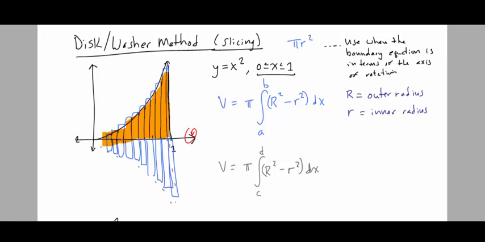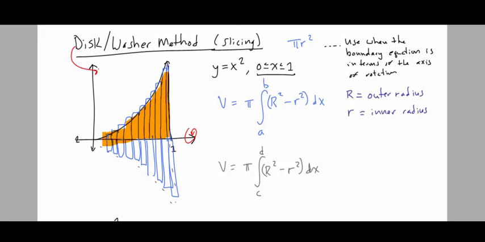Now notice also with the disk or the washer method, my axis of rotation I have marked here, and when you're doing your handwritten homework you should always mark your axis of rotation just to clarify with your graph. Notice I'm perpendicular to the axis of rotation. So that's another feature that you'll want to keep in mind when we're using the disk or washer method. We're perpendicular to the axis of rotation.